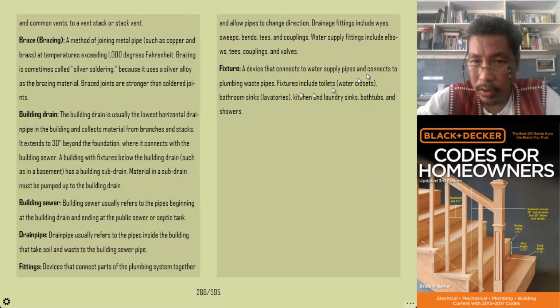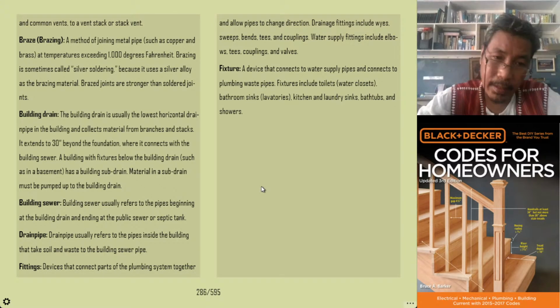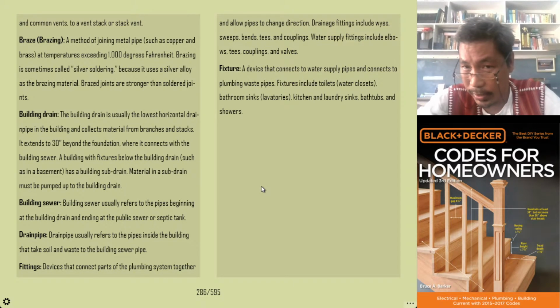Plumbing waste pipes are what we call DWV. So water supply pipe, DWV, and storm system are the three plumbing designs that we need to study.